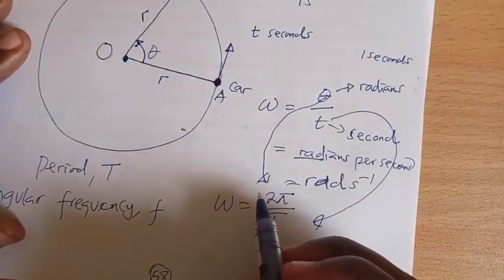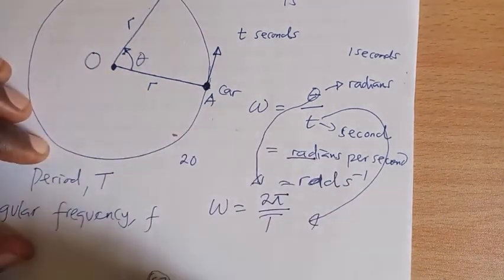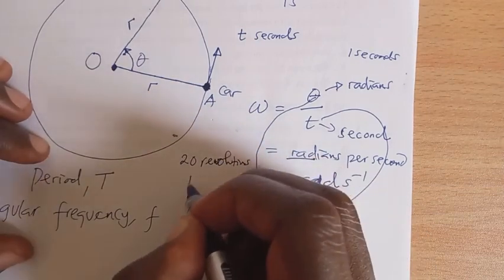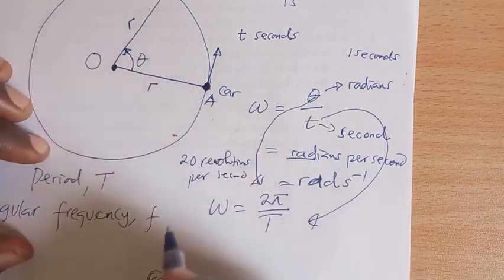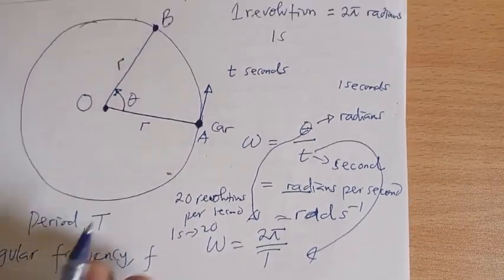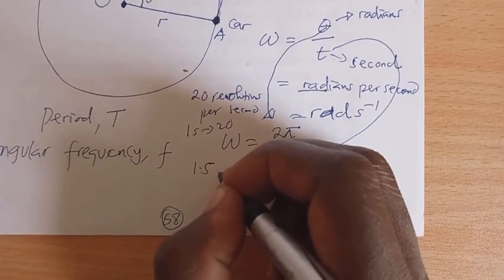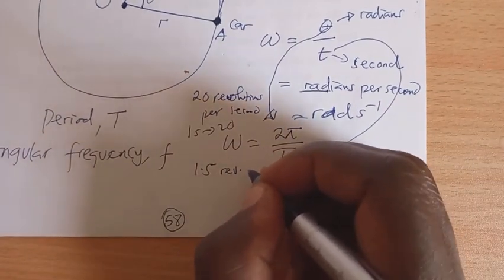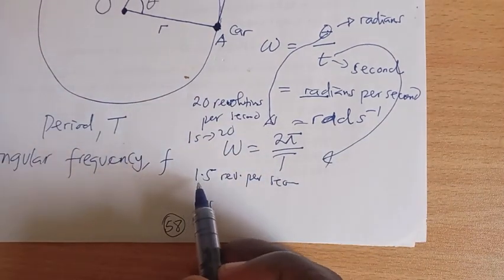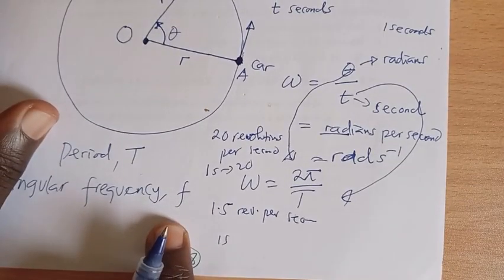If we say the angular frequency is 20 revolutions per second, what we mean is in every 1 second it will make 20 complete revolutions. If we say it's 1.5 revolutions per second, then we mean in 1 second it has made 1.5 revolutions. That's the meaning. We call this angular frequency.